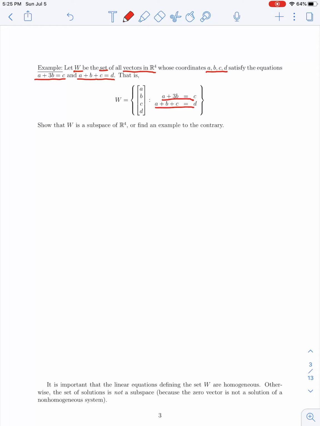We're supposed to show that W is a subspace of R4 or find an example to the contrary, that is, show that it is not a subspace.